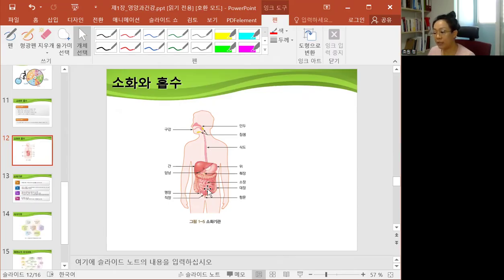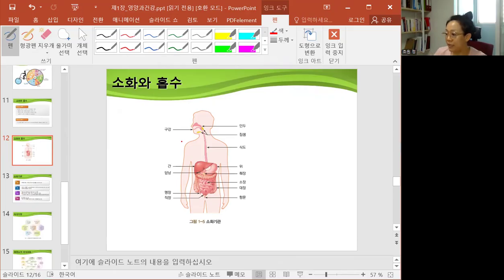So we will look at the organs of the intestinal tract, and also the accessory organs. Don't worry, I will explain slowly and simply. Okay? And this one is my pen.